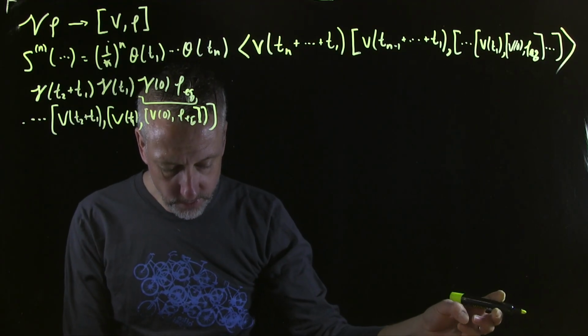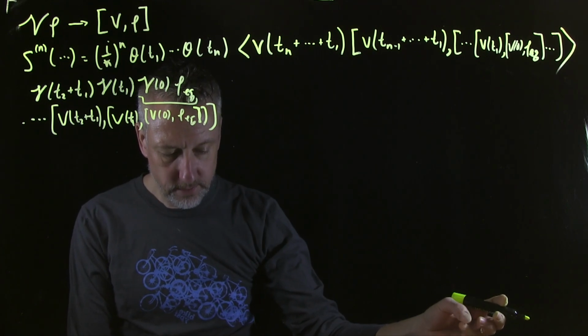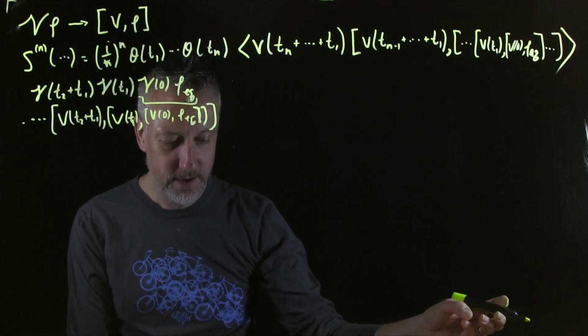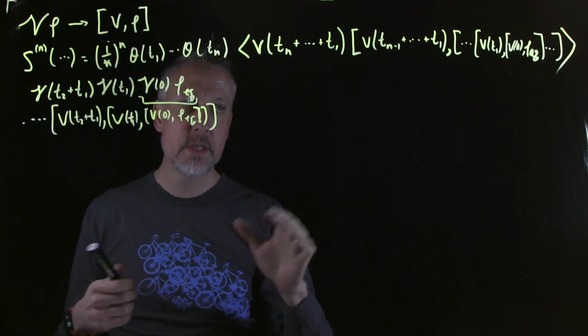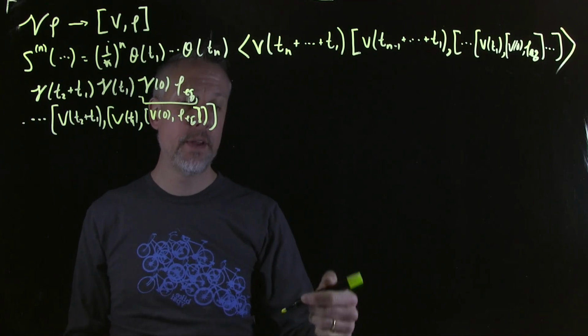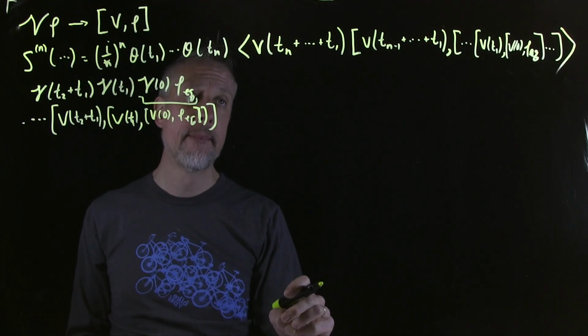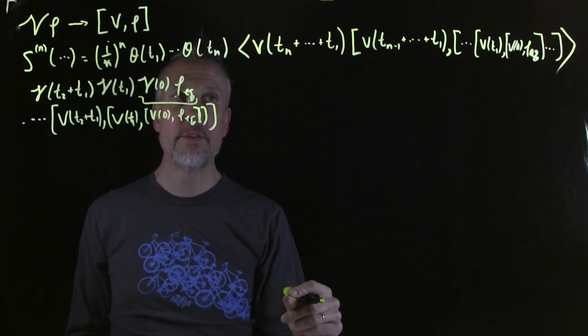What we can also do is rewrite this in a slightly different way. This expression certainly seems like the one that makes the most sense, but the one that we want to use is going to be slightly different, and I want to show you how we do this.